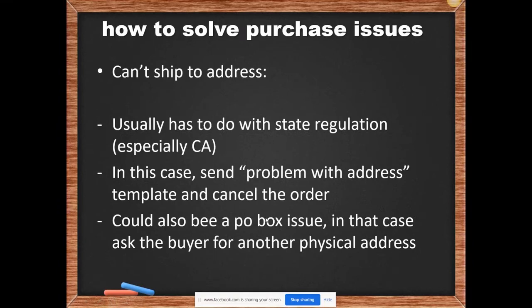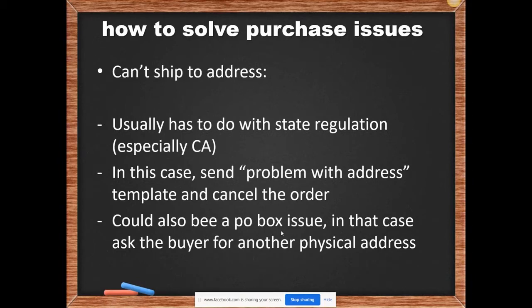And for some reason, people put PO boxes in their address, so of course the order will fail. In this case, if you don't see any other address but the PO box, you send a message to the buyer and ask for another physical address. If they can't provide any physical address, then you have to cancel the order.